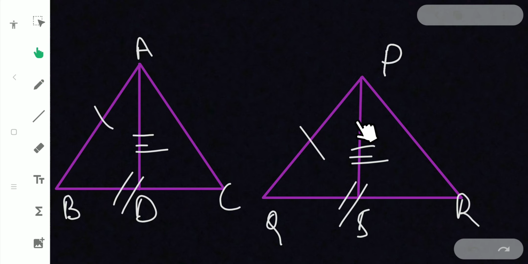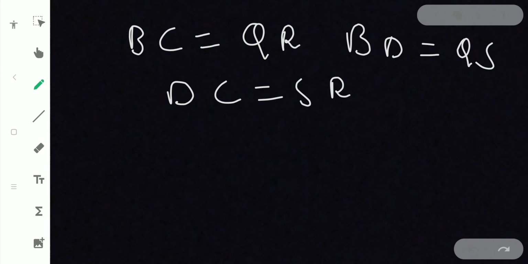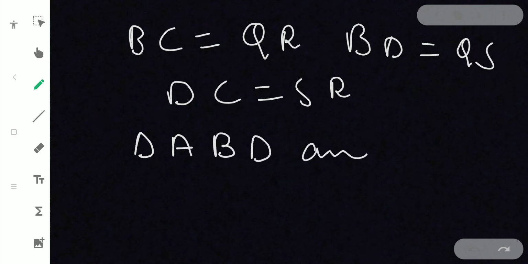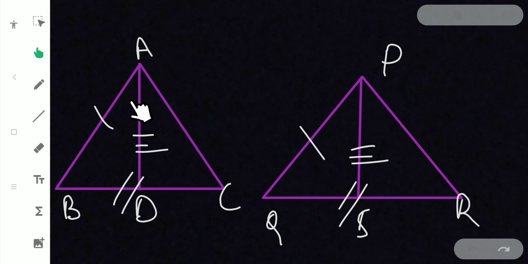Now I will take triangle ABD and triangle PQS. I will take these triangles and then I will prove the whole triangle congruent. So I am going step by step.